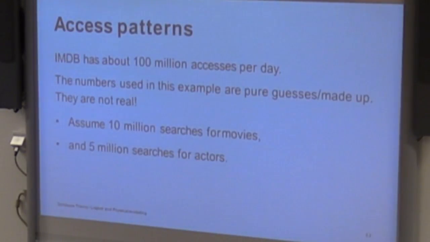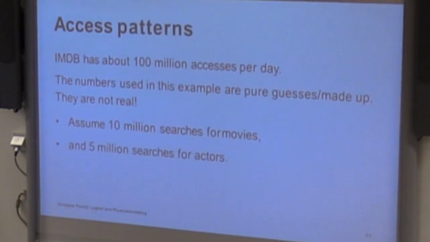And also, that database, or that site, the site is using that database, by the way. Your database is used by that site, IMDb. If that site has, or in this case, we could say that it just is the database, it has 100 million accesses per day.